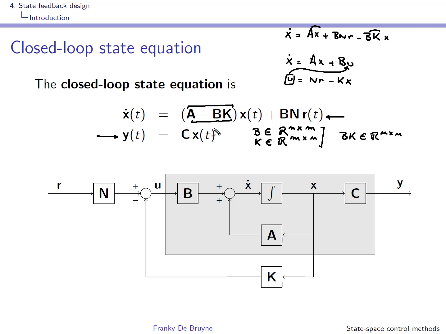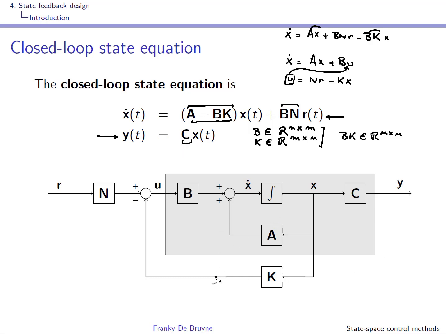The two matrices have the same dimensions. So the closed loop state equation is A minus BK, and the closed loop control matrix is now B times N. The output equation has not changed, so the output matrix remains unchanged.